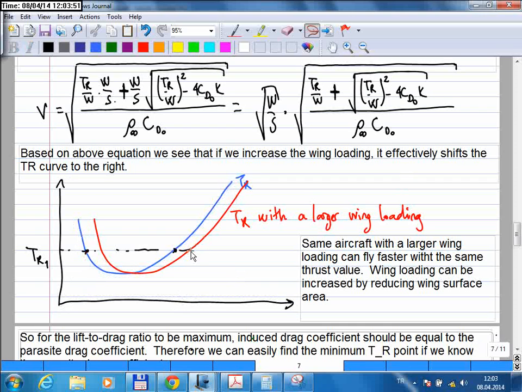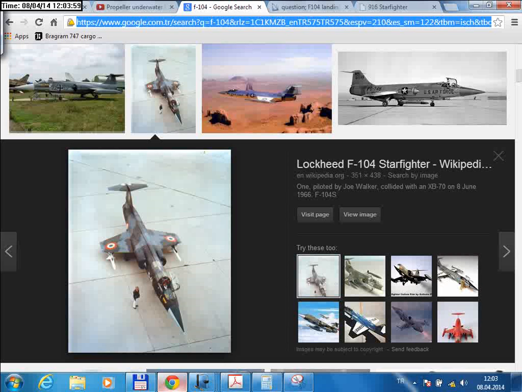But if you increase the wing loading, then you won't be able to fly slowly anymore. And there's a very good example of that. If you look at this aircraft, the F-104 Starfighter, this aircraft is very special in the sense that it has really small wings. So the wing loading for this aircraft is really high, and that allows this aircraft to fly really fast.